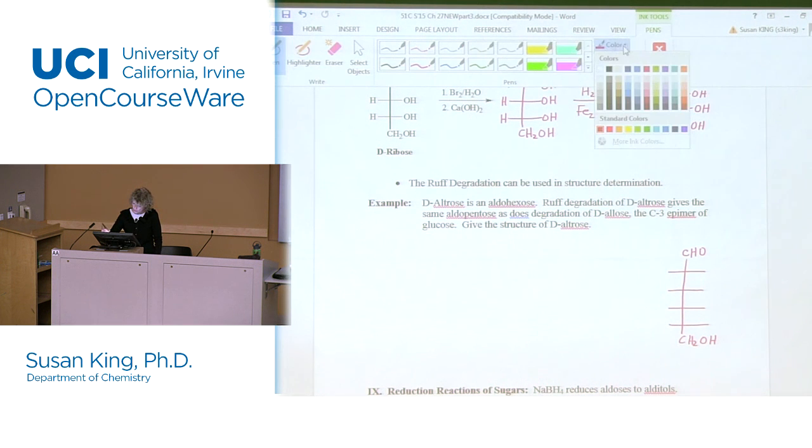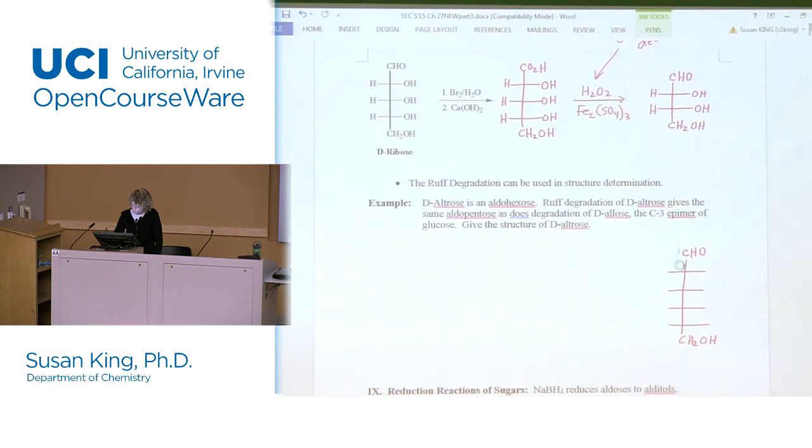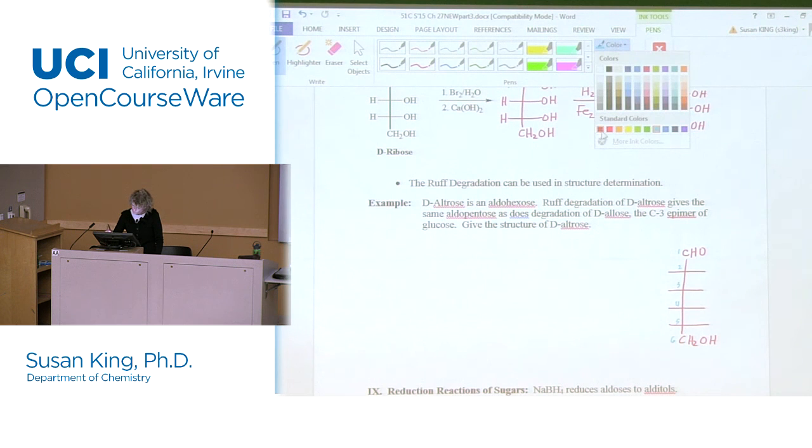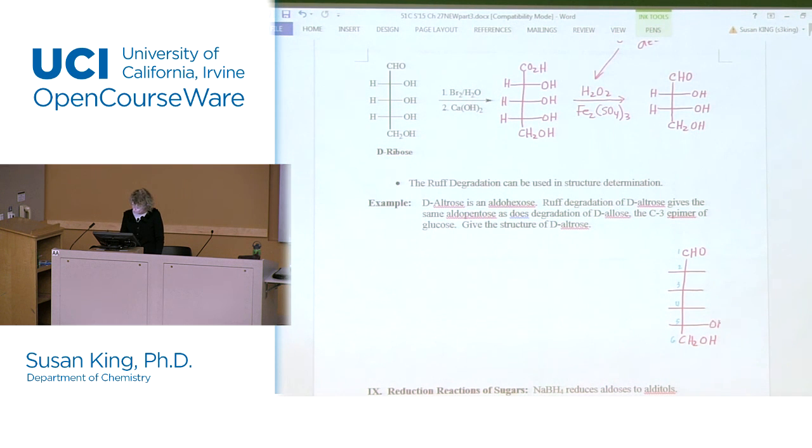So if we number from the top, 1, 2, 3, 4, 5, 6. C3 epimer, so that means we have, this is the same as glucose, carbon number 4 is the same as glucose, carbon number 3 on glucose, the hydroxyl would be on the left, but now it's on the right. And on glucose, the hydroxyl is here.